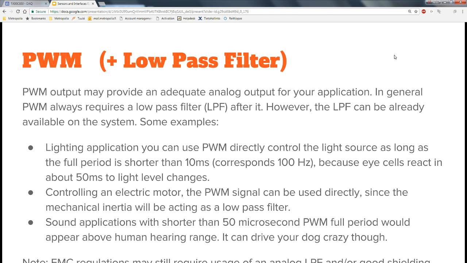For electric motors, PWM signal is all okay there. In particular, servo control is plain PWM. And then there's the sound application, yada yada.